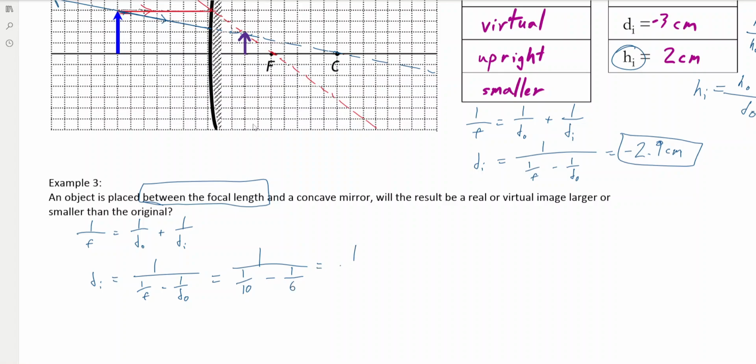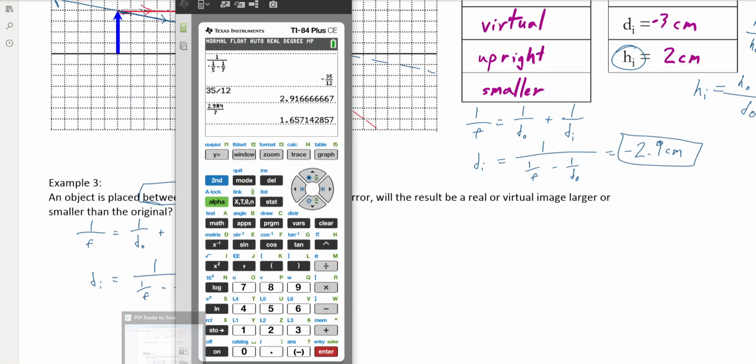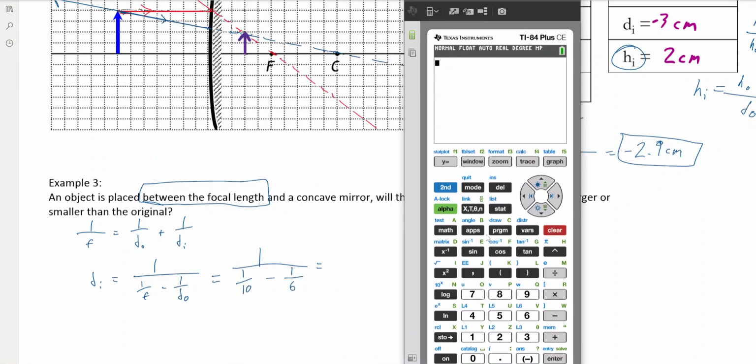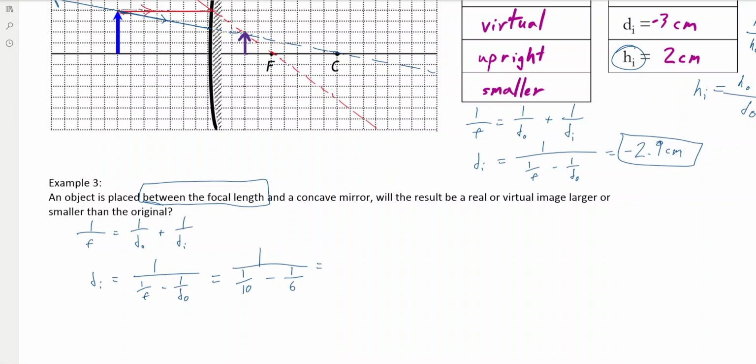So if we solve this, it'll be 1 over, that's actually not going to be a nice, easy number, is it? Let's go ahead and plug this in our calculator. Okay, so we get negative 15.